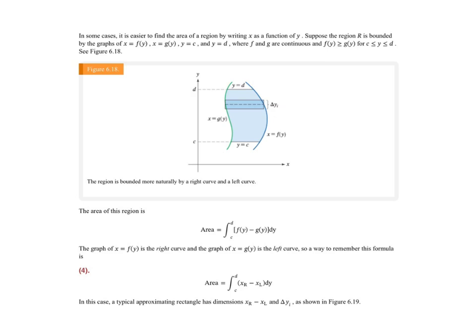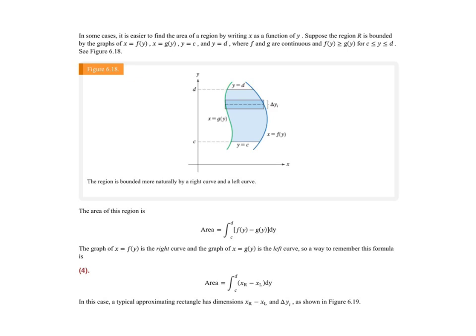Okay, so look at this picture here. This is kind of a wonky set of 2 functions. It says sometimes it's easier to find the area of a region by writing x as a function of y instead of y as a function of x. Swap them.